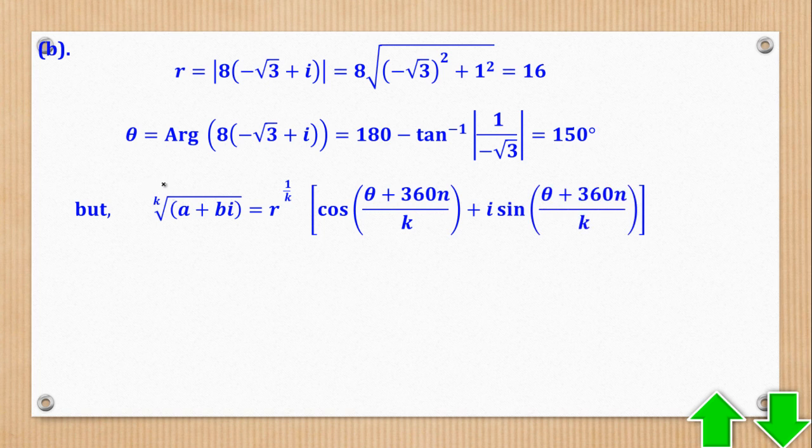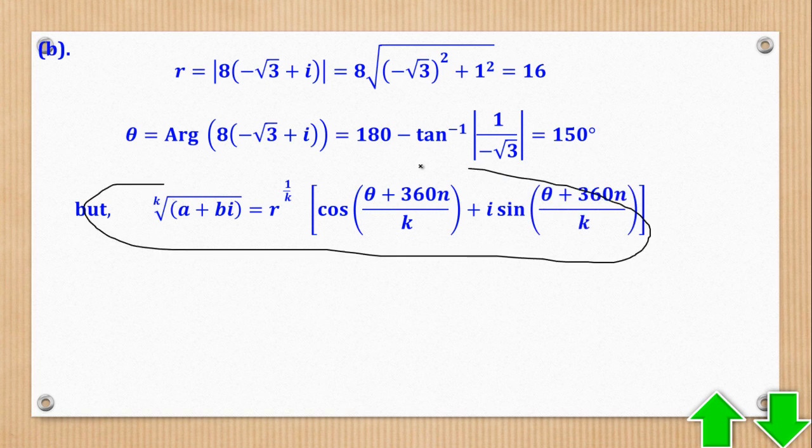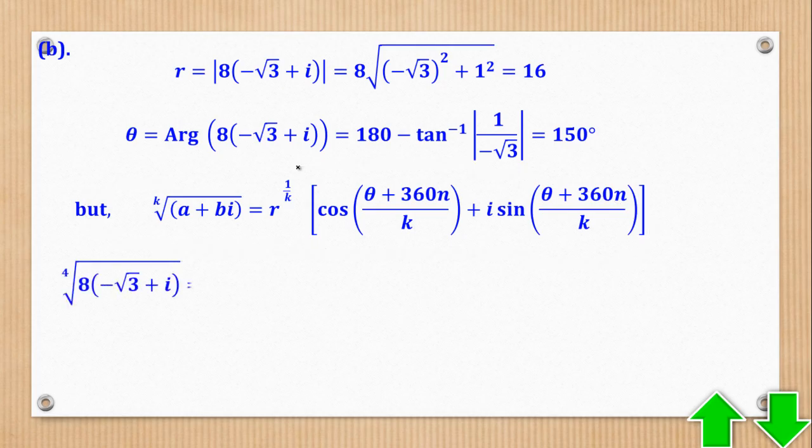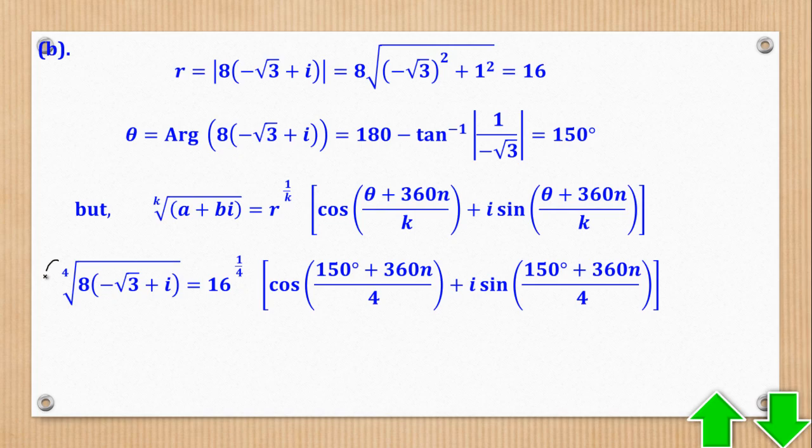But we know, okay, this is just a reminder. You don't need to write it, but that is what we know from De Moivre's theorem. So fourth root means raising to the power of a quarter. It means that for the modulus you put a power, and for the argument you multiply by a quarter.